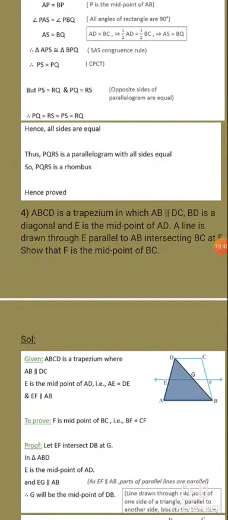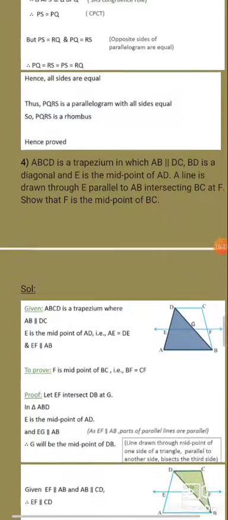Now listen carefully to the next one. ABCD is a trapezium in which AB is parallel to DC. BD is the diagonal and E is the midpoint of AD. A line is drawn through E parallel to AB, intersecting BC at F. Show that F is the midpoint of BC. We need to show F is the midpoint of the side BC.